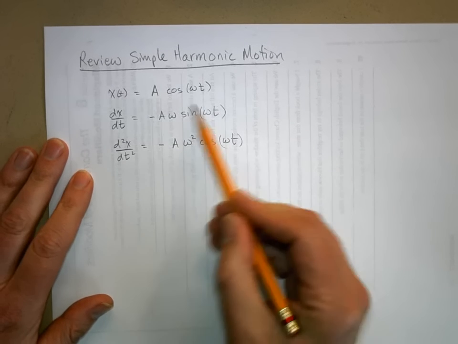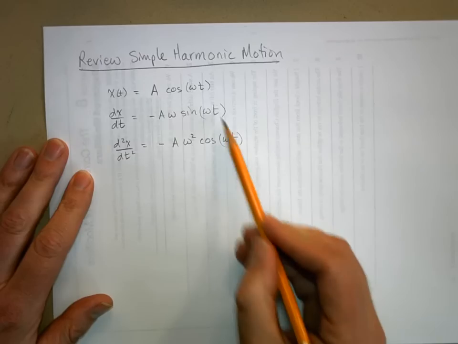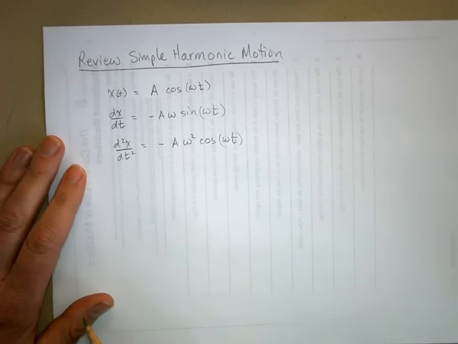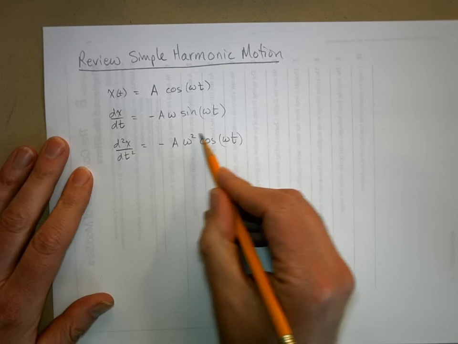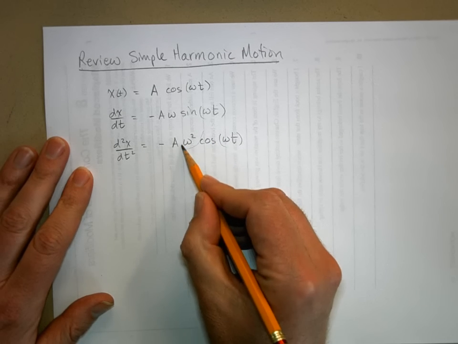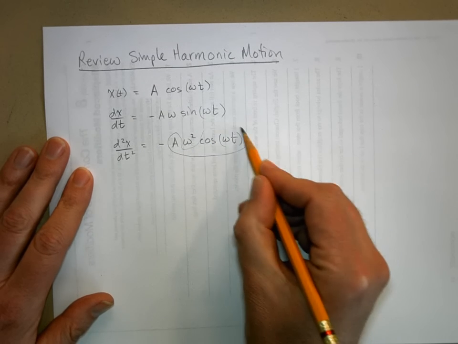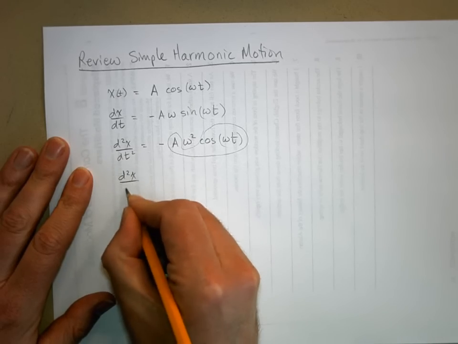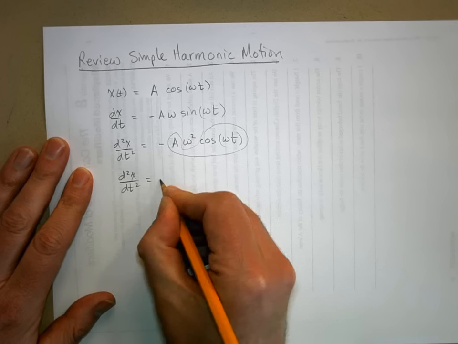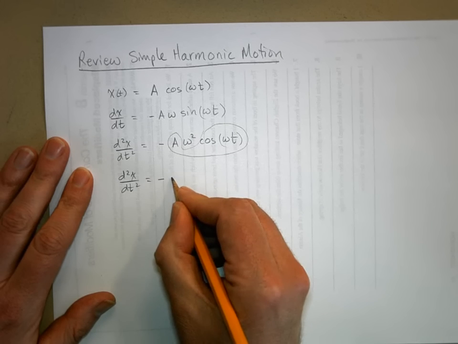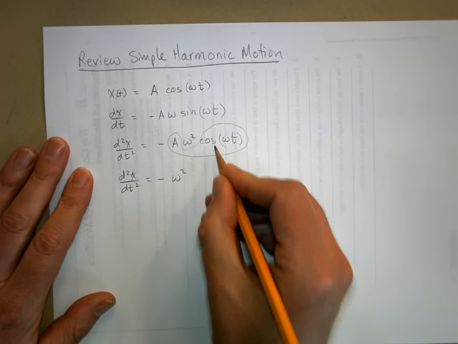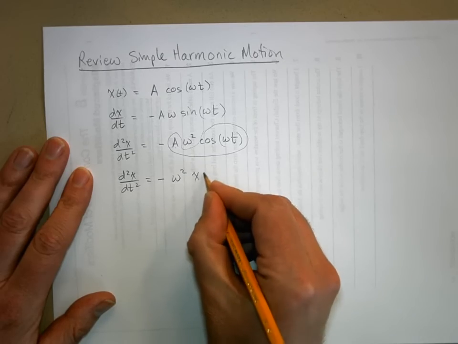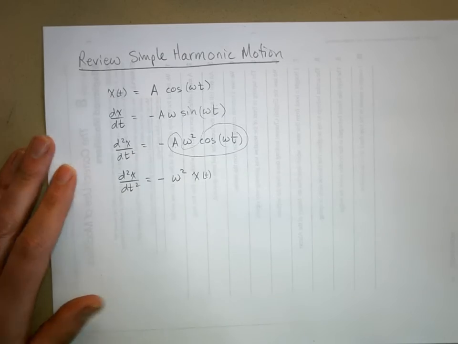So in other words, if you take the derivative of sine, you get cosine, but you got to use the chain rule, and you get the omega out front. And there you go. And so we have this idea that d squared x dt squared is equal to negative omega squared times, well, a cosine omega t is my original function. x is a function of t.